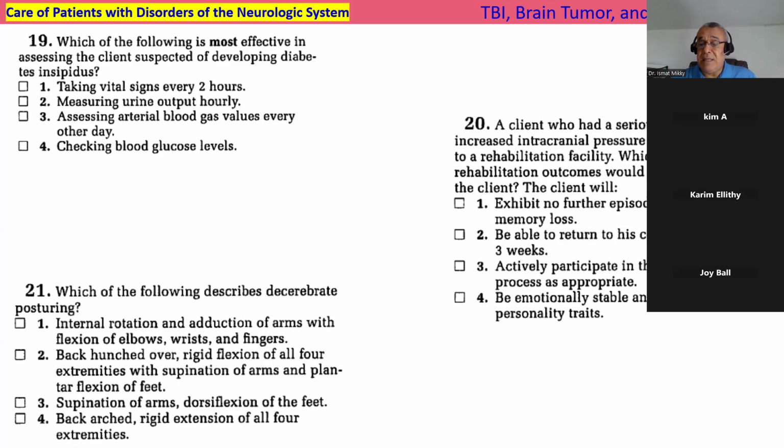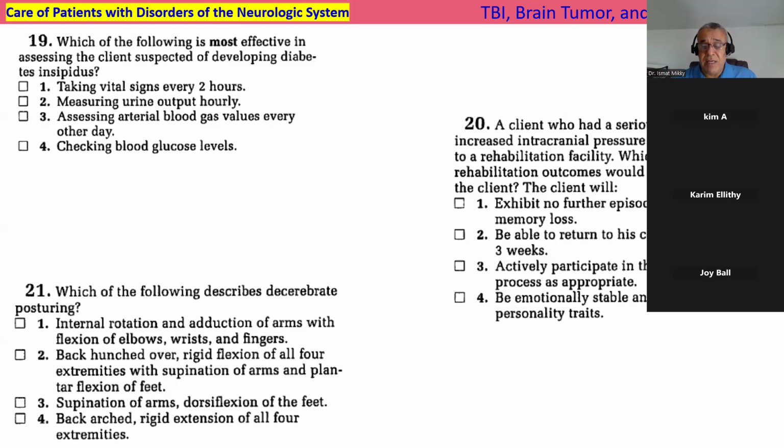If there is damage to the upper brain stem, to the midbrain or the pons, it will be demonstrated clinically by arching of the back, rigid extension of the extremities, all of them, pronation of the arms, and adduction of arms with flexion of elbows, wrist, and fingers.